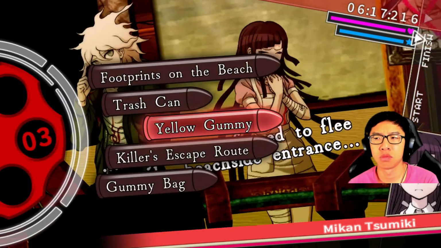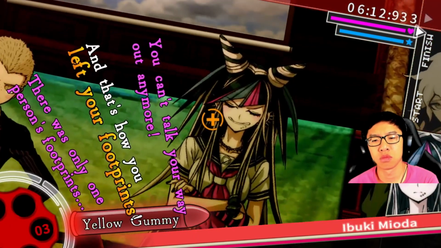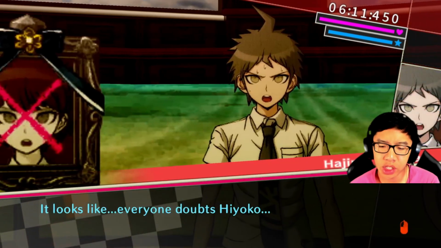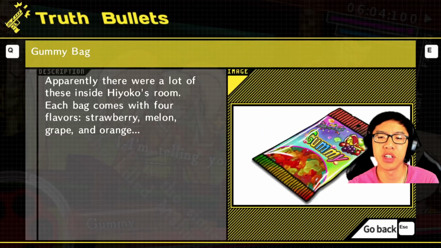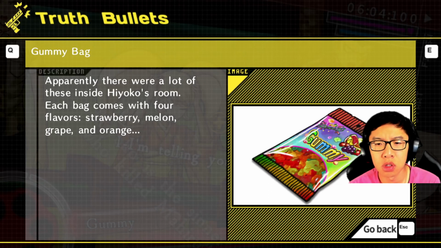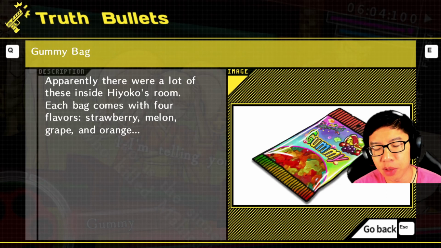So you were forced to flee from the beachside entrance. And that's how you left your footprints. It looks like everyone doubts Hiyoko. Is that really okay? Apparently there were a lot of these inside Hiyoko's room. Each bag comes with 4 flavors. Strawberry, melon, grape, and orange.